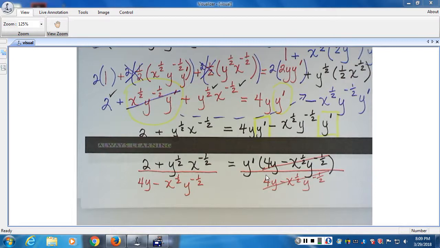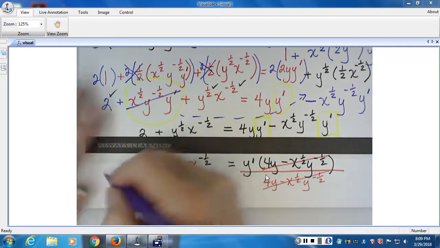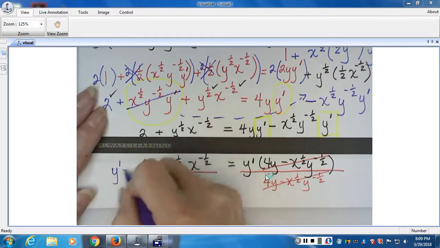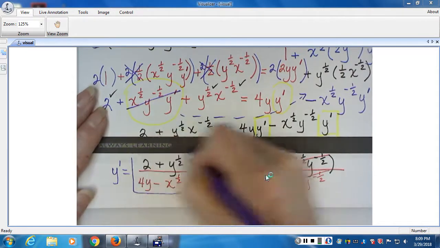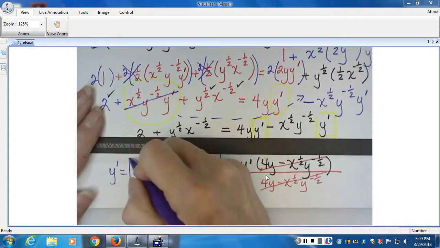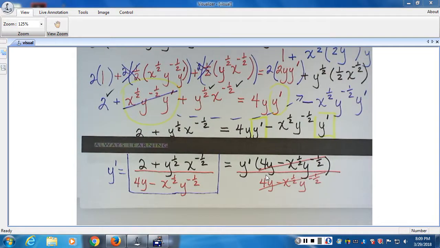So I have an expression for y prime. It is not a pretty expression. When you do implicit differentiation, there's usually not any beauty contest involved.